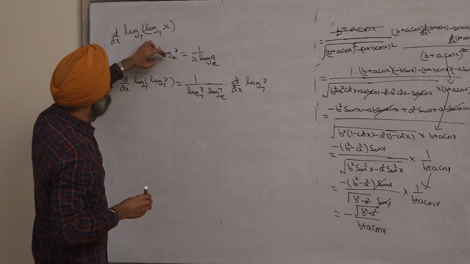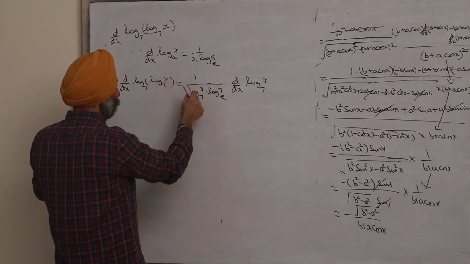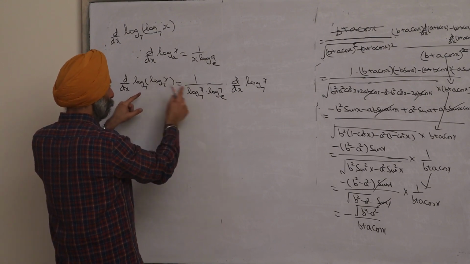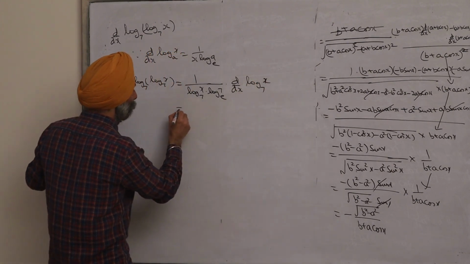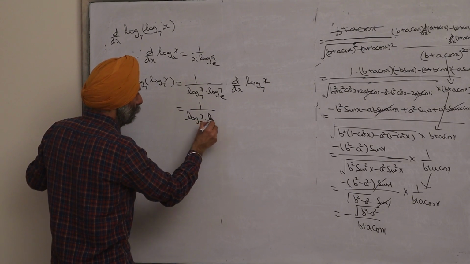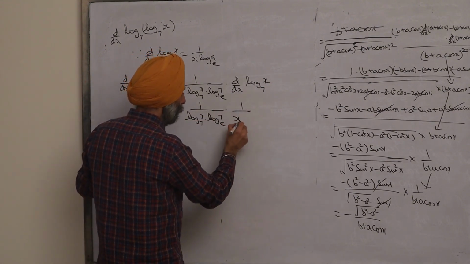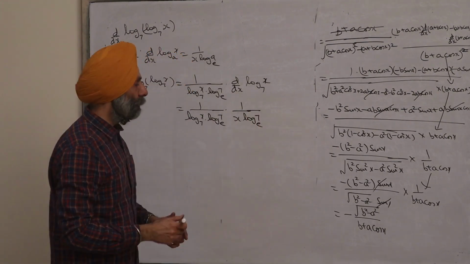Because if I compare it with the above one, this whole is x. So it is 1 over log of x to the base 7 into log of 7 to the base e into 1 over x log of a to the base e. This is the differential there.